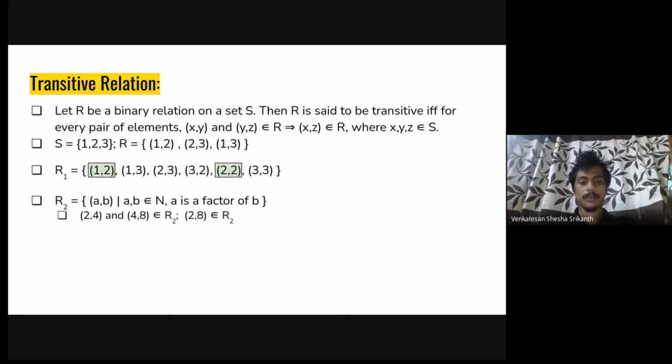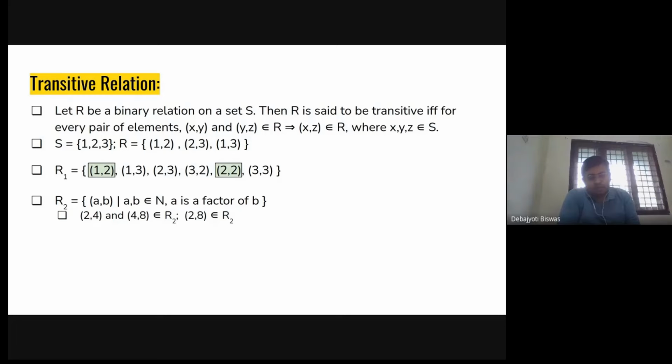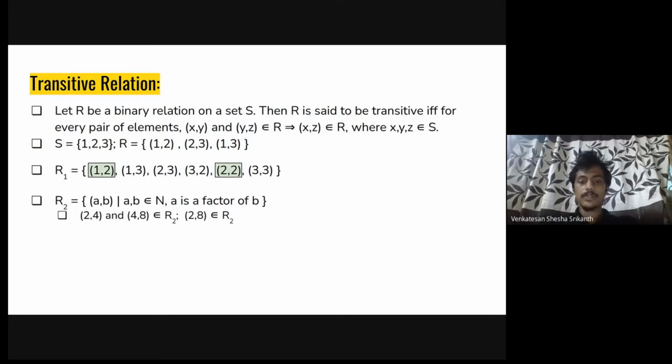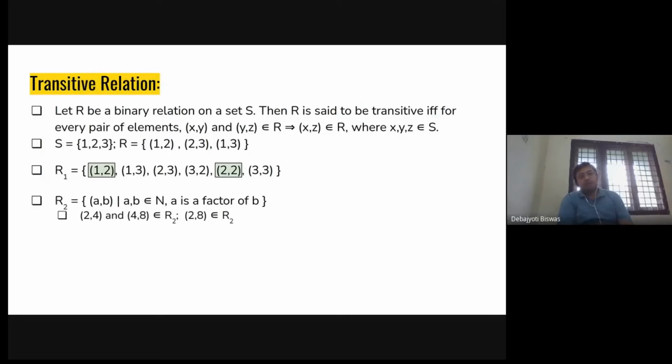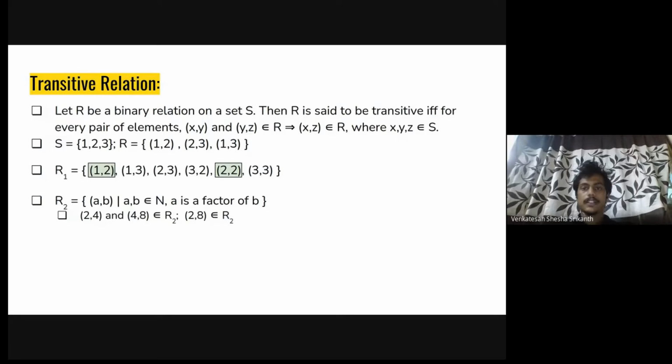Here my x comma y is 2 comma 4 and y comma z is 4 comma 8. Therefore, 2 comma 8 should also be in my R2 in order to satisfy the transitive property, right? So I will check whether 2 comma 8 is in my R2. Yes, because 2 is also a factor of 8. So 2 comma 8 will also be in my R2.